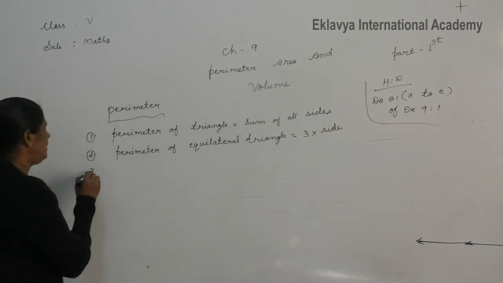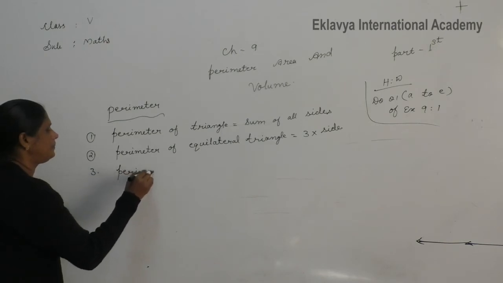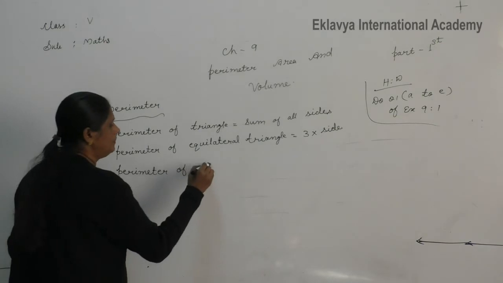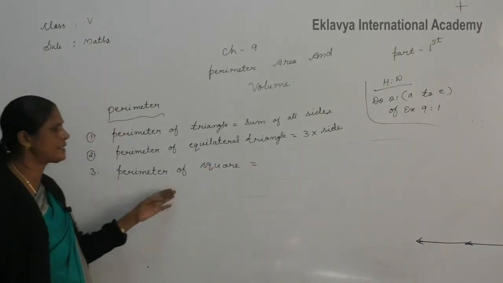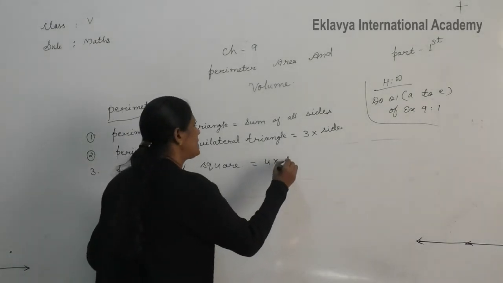Then 3. Perimeter of square is equal to 4 multiply side.